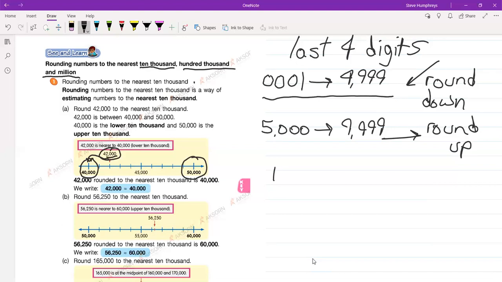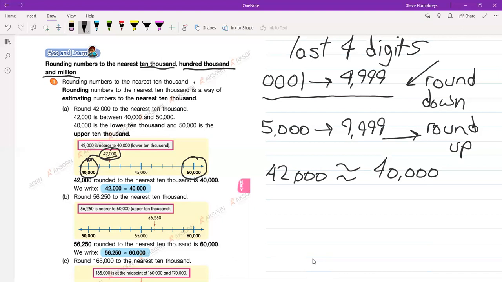And there we are, it's written there for you. 42,000 rounded to the nearest 10,000 is 40,000. Okay? Remember, you're rounding to the nearest multiple of 10,000. Could be 10,000, 20,000, 30,000, 40,000, 50,000, 60,000, 70,000, 80,000, or 90,000.